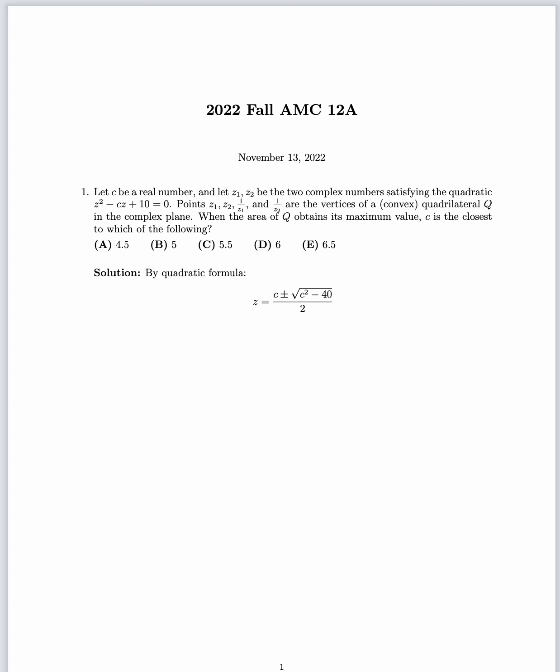So this can actually be written as c over 2 plus or minus i times the square root of 40 minus c squared.